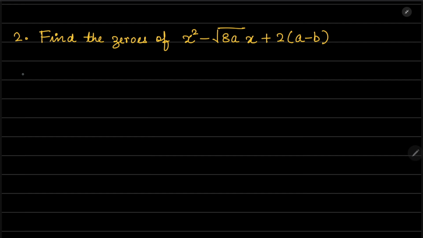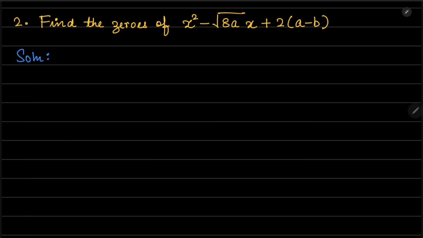So let's get started. So solution. To find the zeros, we have to equate the polynomial to 0. Correct? So suppose let the given polynomial be p of x is equal to x square minus root of 8ax plus 2 multiplied by a minus b.